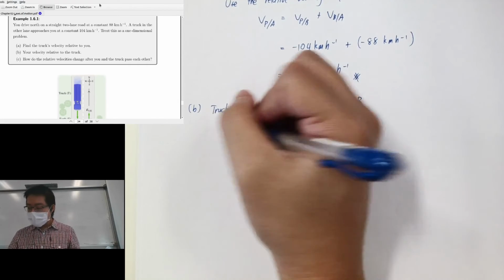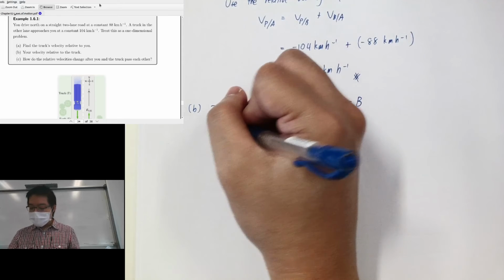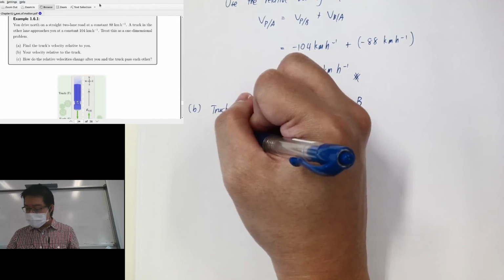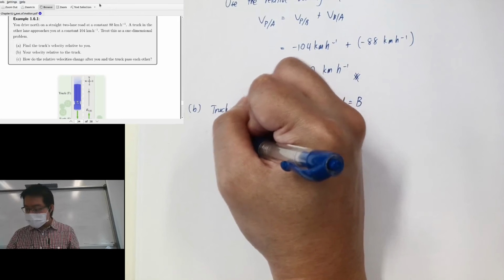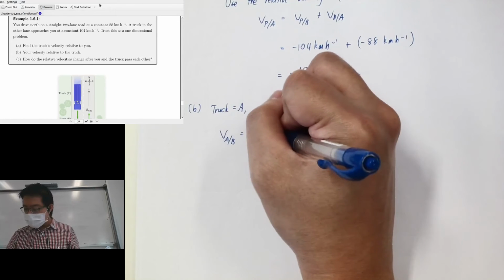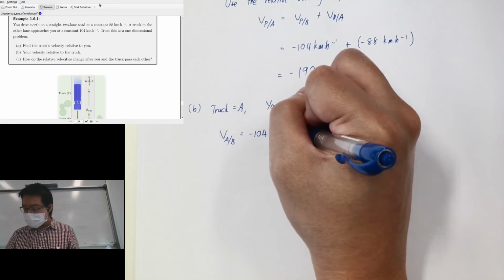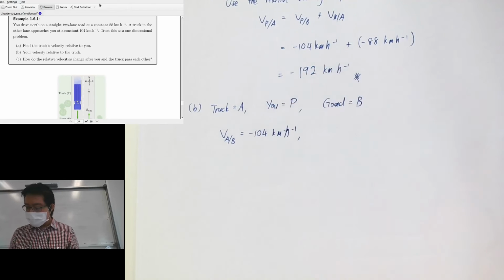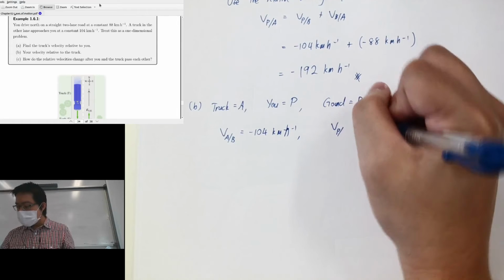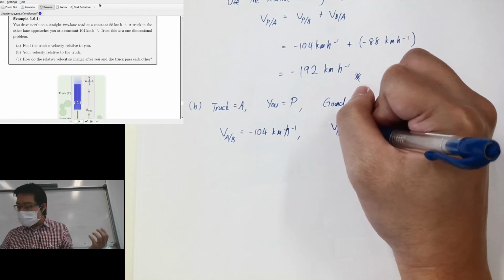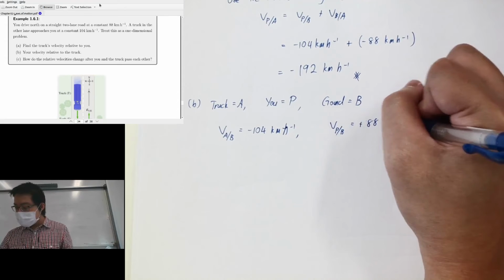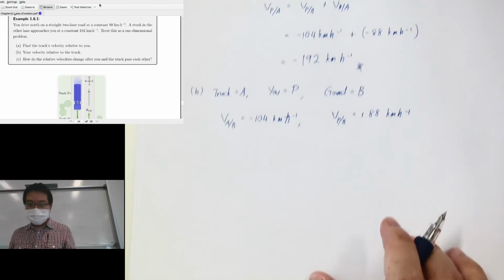So for this case, the velocity of the truck relative to the ground will be minus 104 kilometers per hour. And then the velocity of you relative to the ground was given to be positive 88 kilometers per hour.